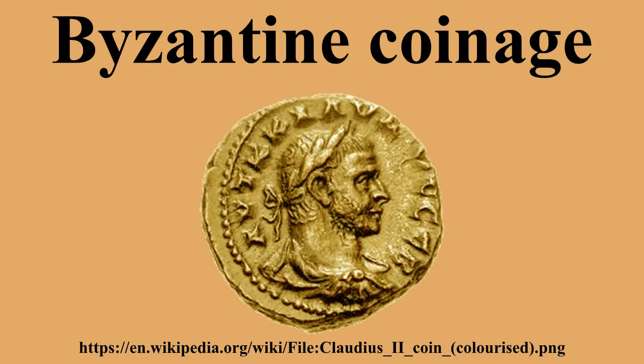The only regularly issued silver coin was the hexagram, first issued by Heraclius in 615, which lasted until the end of the 7th century. Minted in varying fineness with a weight generally between 7.5 and 8.5 grams.